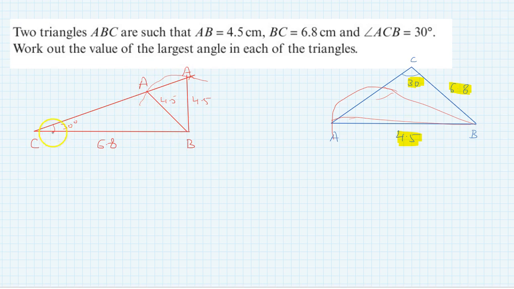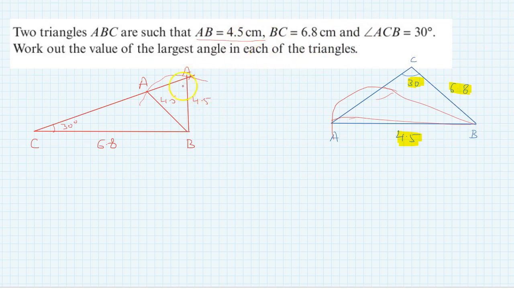So now we have an ABC and we have another ABC. All the conditions are fulfilled in both. For example, AB is 4.5. This is 4.5. BC is 6.8 and angle ACB is 30 degree. So these are the two triangles ABC. Now work out the value of the largest angle in each of the triangles.